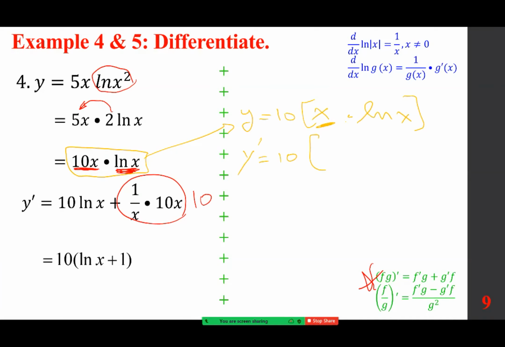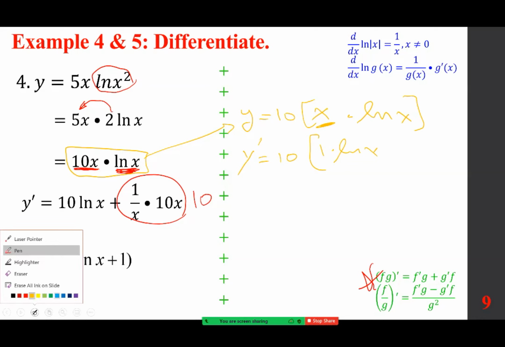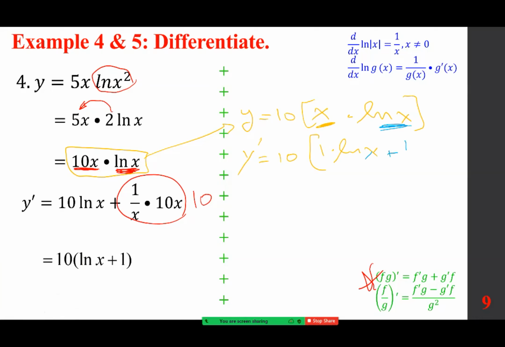So now you're looking at x gives you 1 times ln x. You're looking at ln x gives you 1 over x times x. And I hope you see that it's 10 times ln x plus 1. The same thing. Now, it really doesn't make that much of a difference in this example.